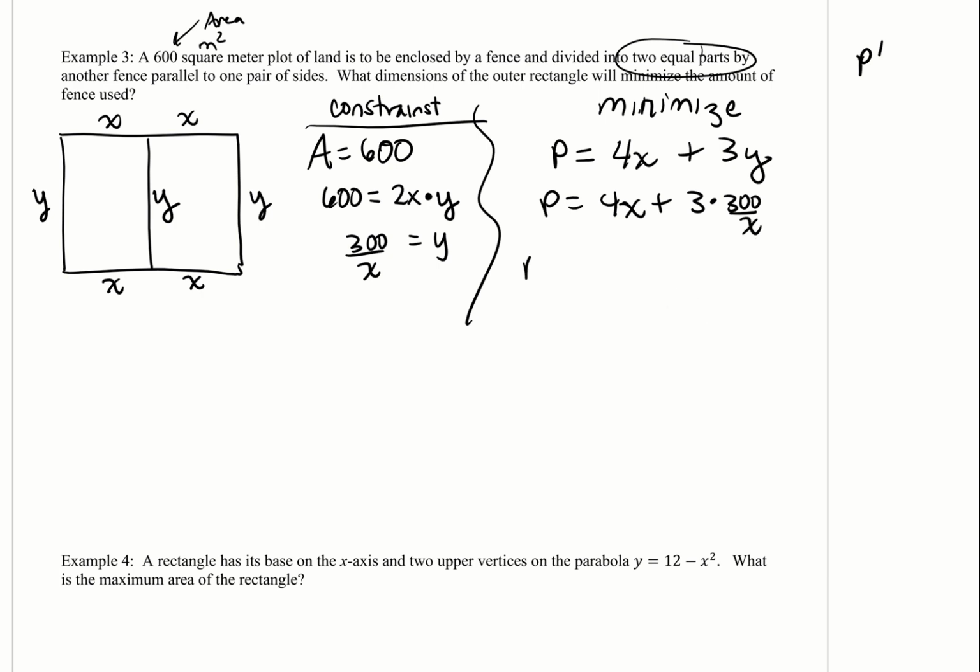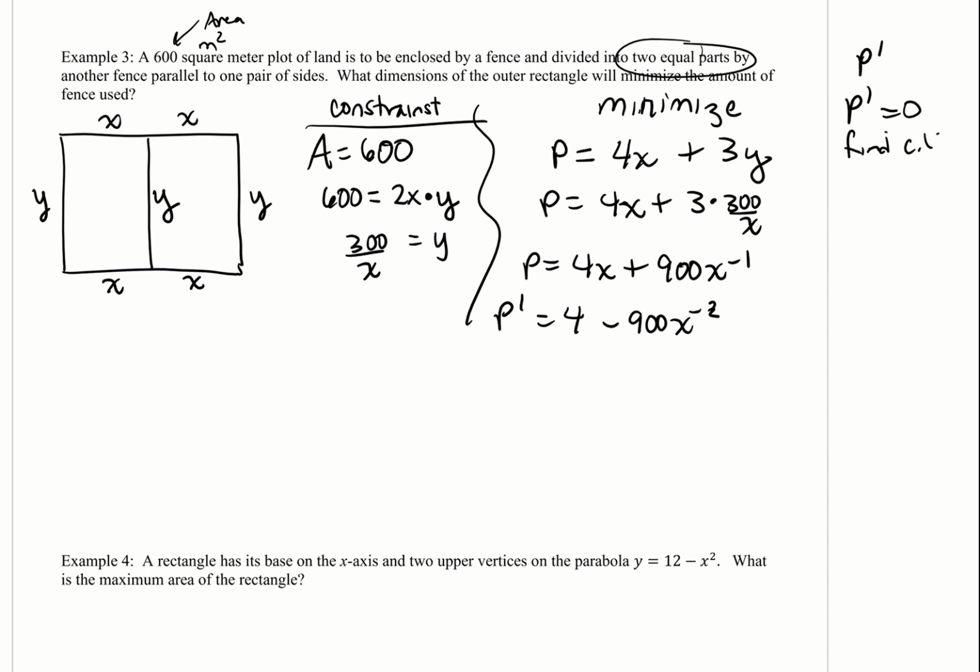Now I am going to want to find the derivative of this, and I think this would be easiest to find if I use x with a negative power. So p prime is 4 minus 900 times x to the power of negative 2. After I find this derivative of p, I then want to set that equal to 0 to find the critical values.